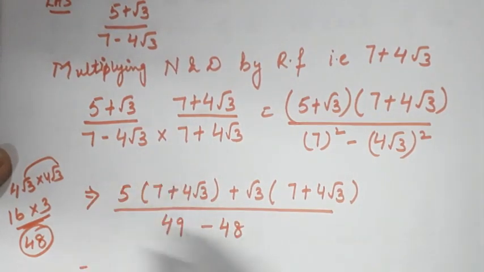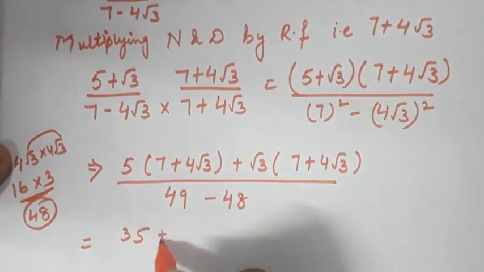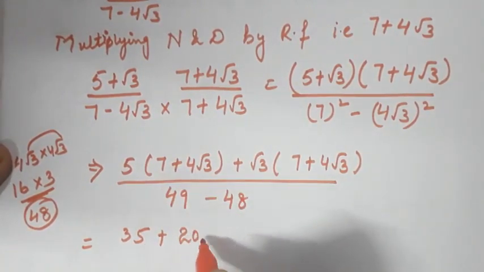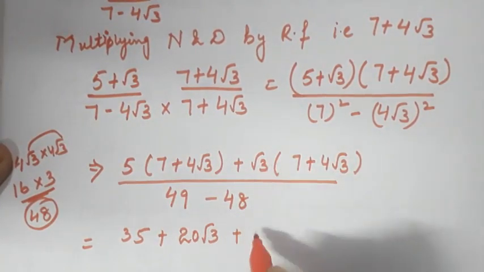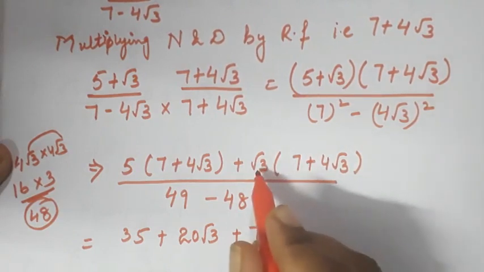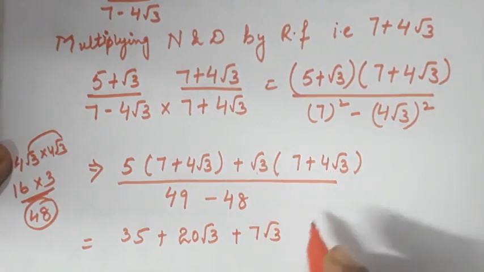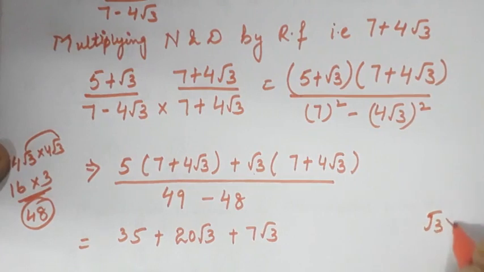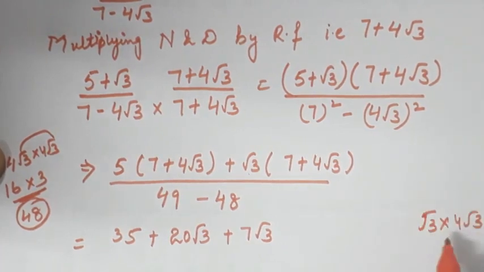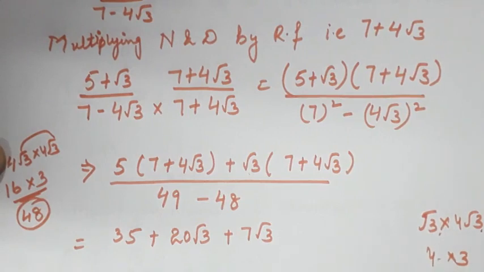Okay, 5 7s are 35. 5 4s are 20 root 3, and plus 7 root 3. Root 3 into 4 root 3 means root 3 into root 3 is 3, 4 left. 4 into 3 is 12.